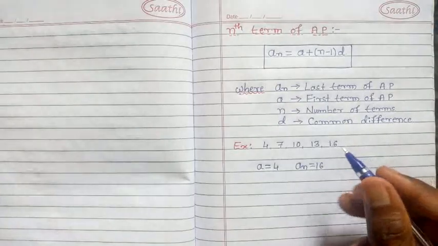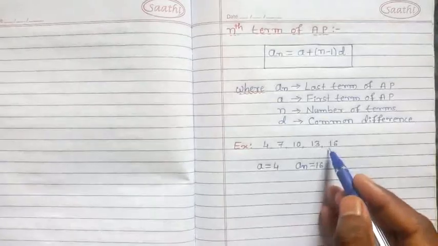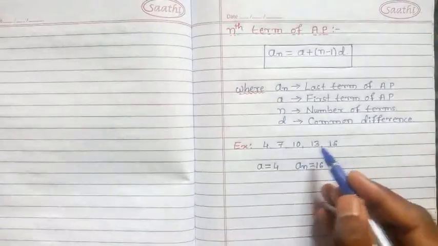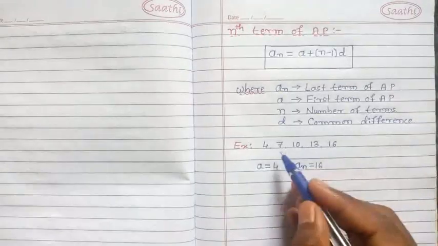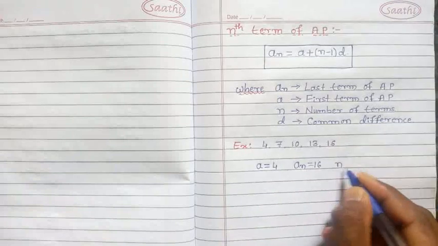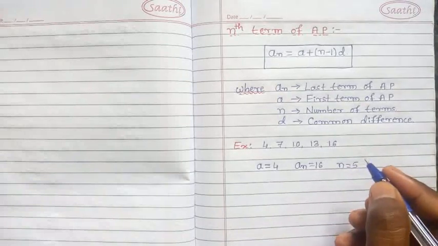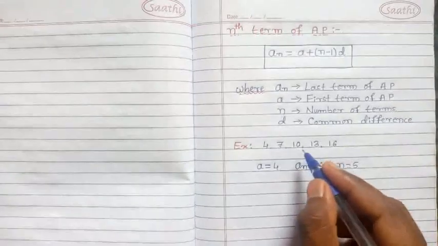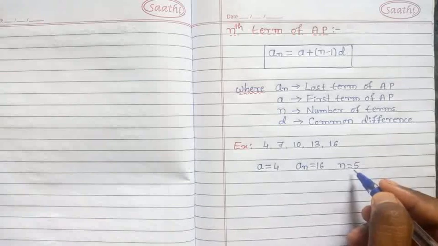Here n means the number of terms: 1, 2, 3, 4, 5. The total number of terms is 5, that is n = 5.